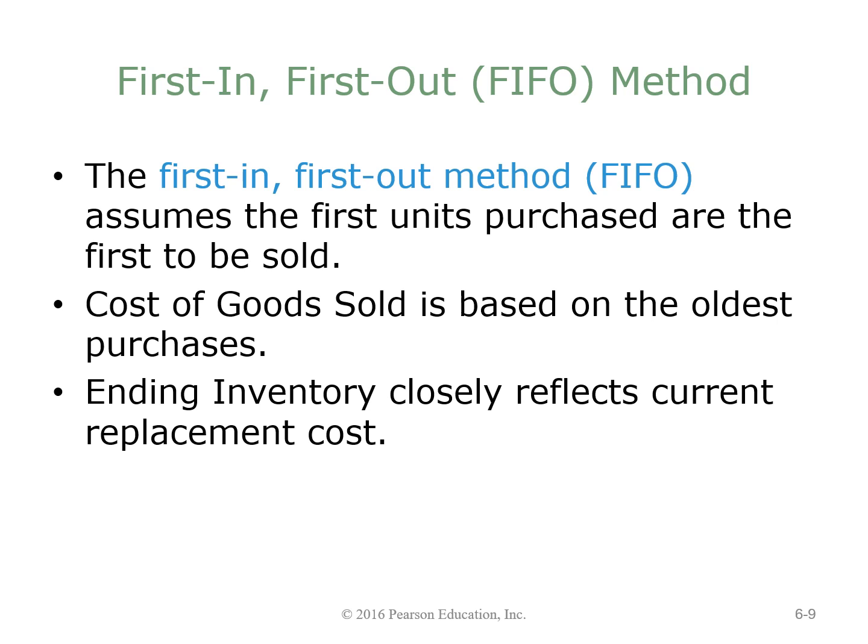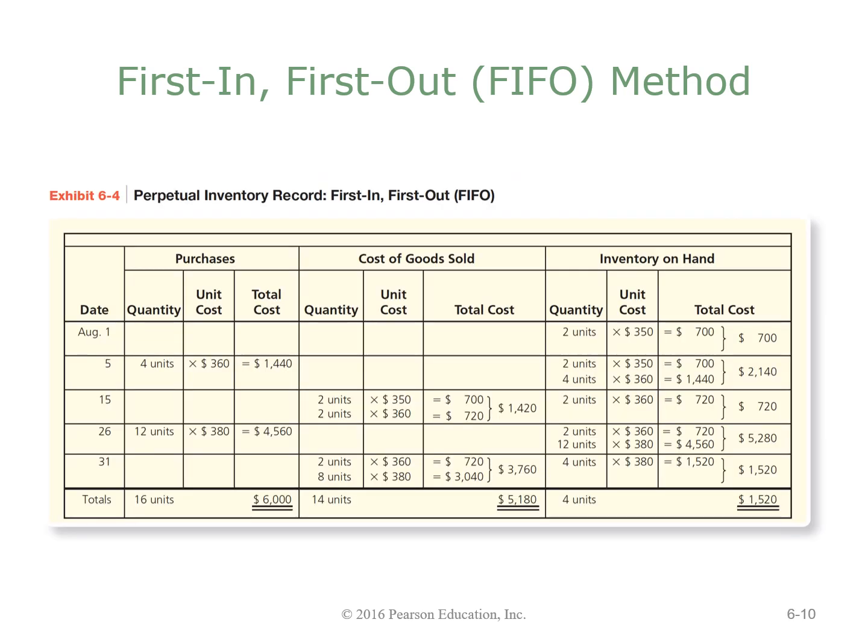The cost of goods sold is based on the oldest purchases, because you are selling the old inventory first, and the ending inventory reflects the current replacement cost, because it will consist of what you purchased recently.